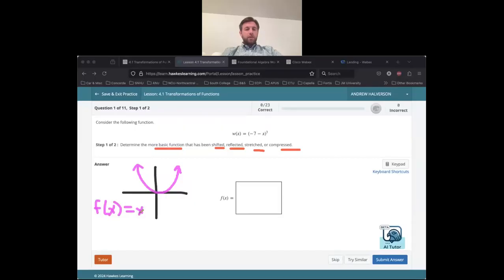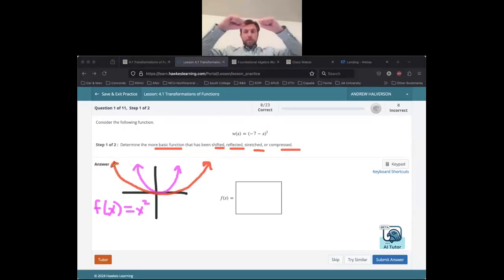But what I can do with that function is I can stretch it, I can compress it, I can reflect it, I can turn it over. I can stretch this function, take the ends and just pull them out.